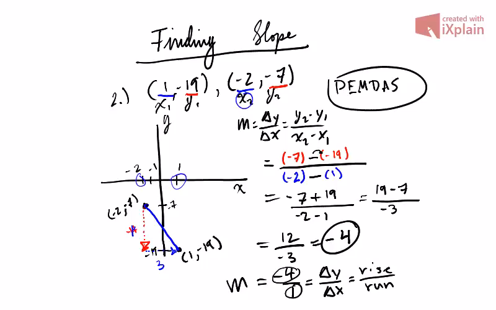This should be down 12, right? Because -12 divided by 3 gives you this 4. So if I were to take this triangle out over here, I would have negative 12, down 12 along the y-axis, and I'd be over to the right 3 positively.